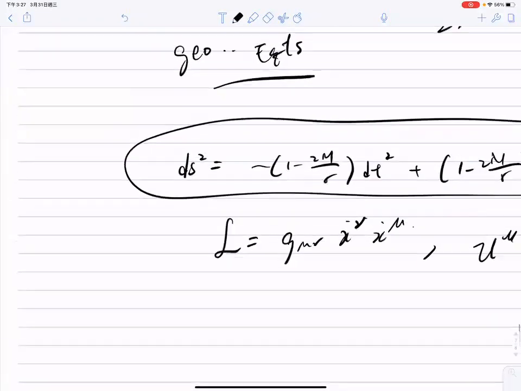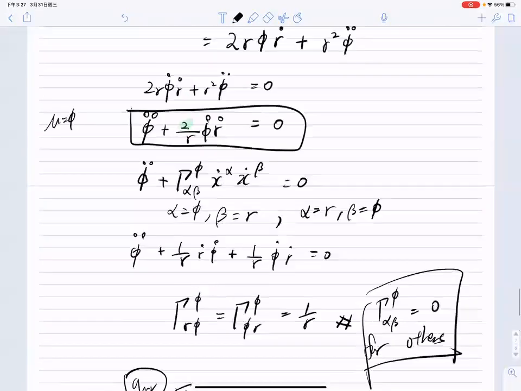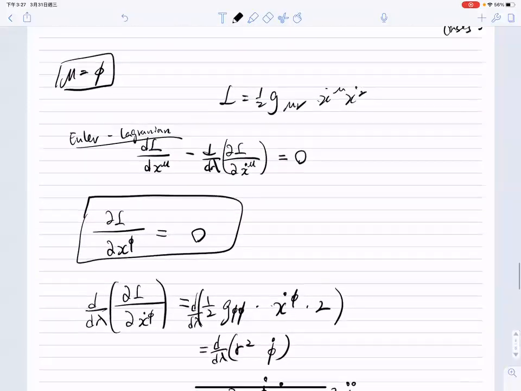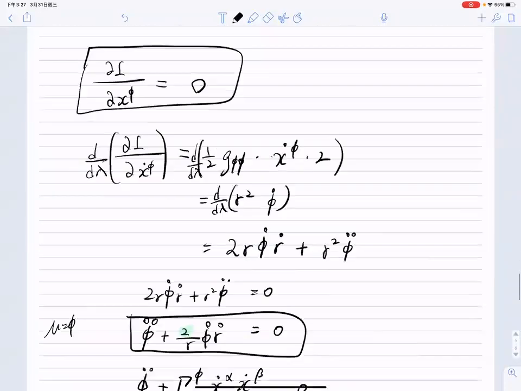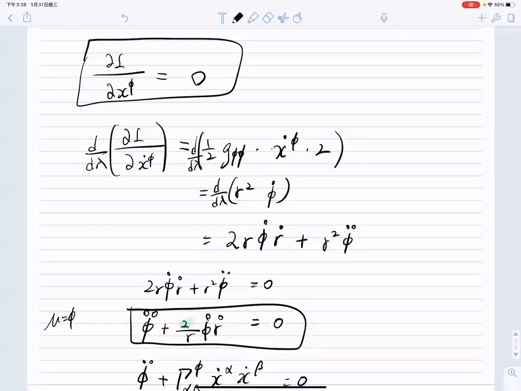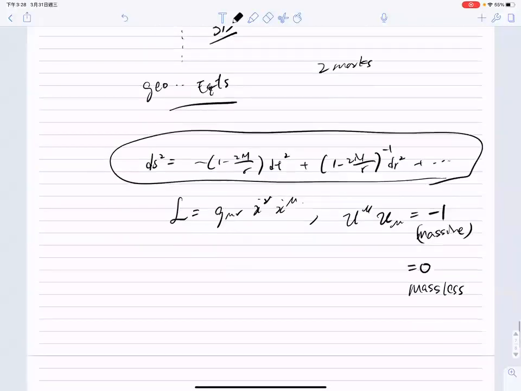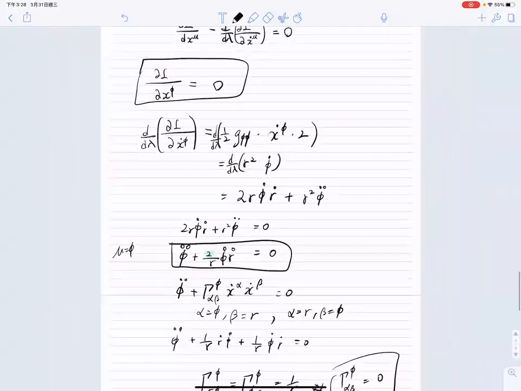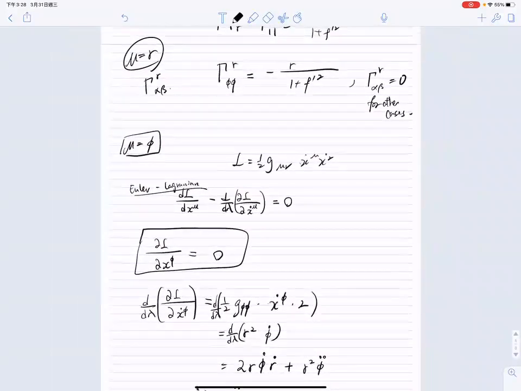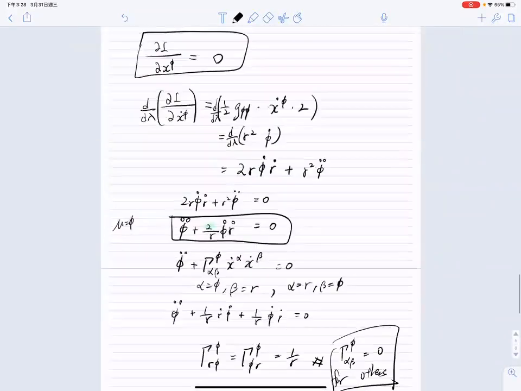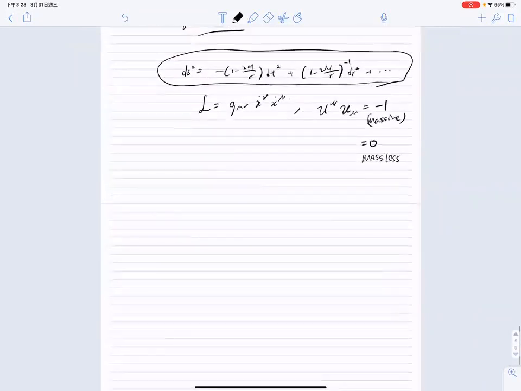So it is very important to use the Lagrangian formula to derive the equation of motion. Okay, and it's very fast. So any question you may ask me right now. Yeah, another thing, like some kinds of question, Johnny may ask you like the radial infall.